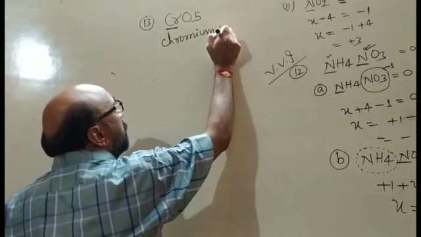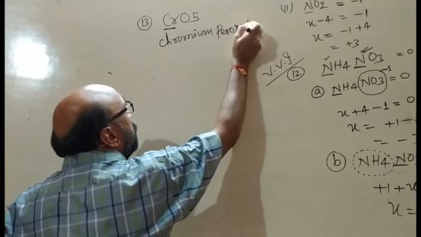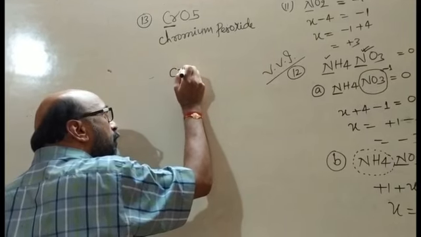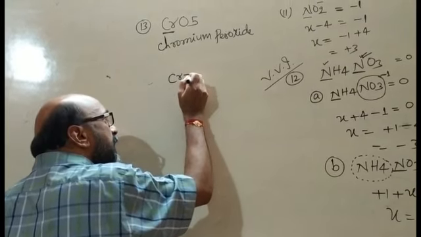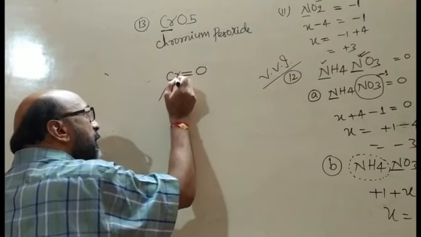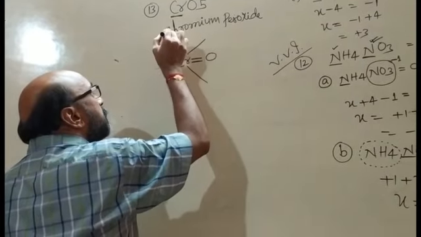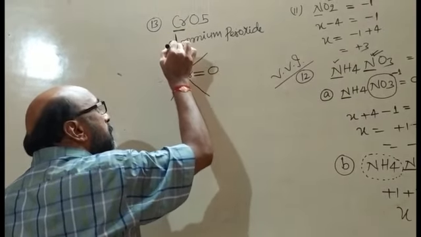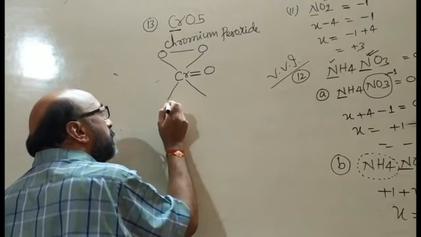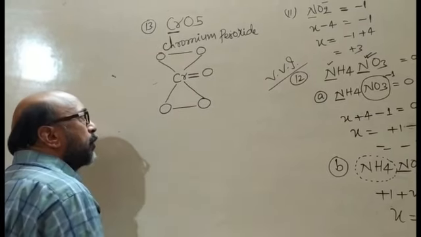You need to keep in mind the structure of chromium peroxide because it is an exceptional compound in which 4 oxygen atoms belong to a pair of peroxide bonds.